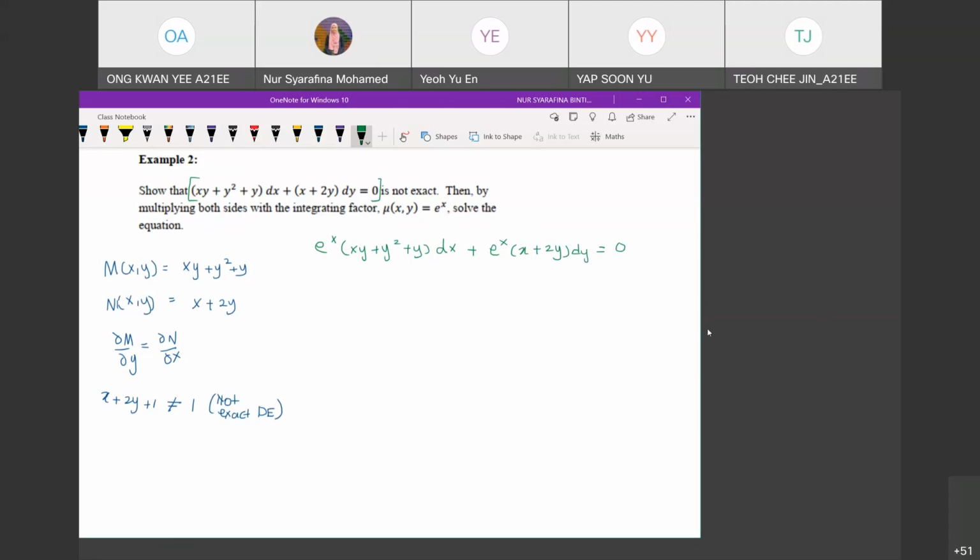So from here, you can see that M is e^x (xy + y^2 + y), and N is e^x (x + 2y).